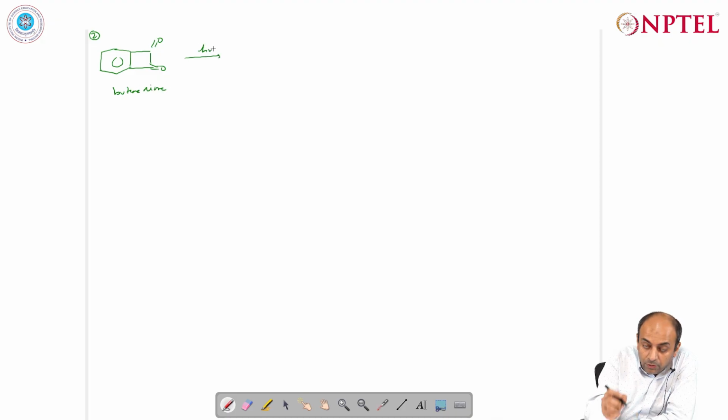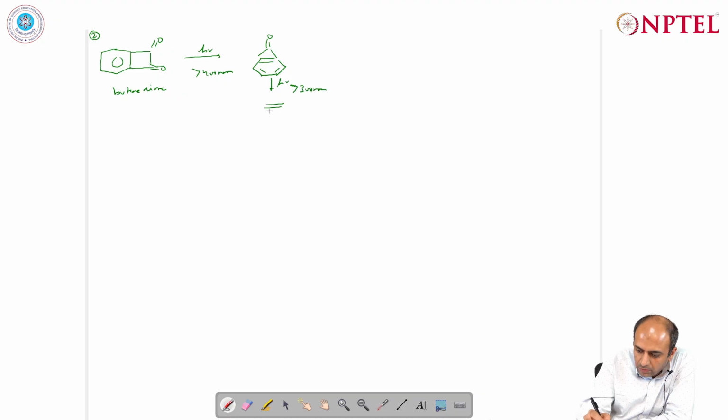Please keep in mind that we always have the hemicarcerand, that large bulky cyclic molecule which has got a cyclic curvature, and when we irradiate with light greater than 400 nanometer, it forms a species, and then h nu greater than 300 nanometer, it forms benzene.